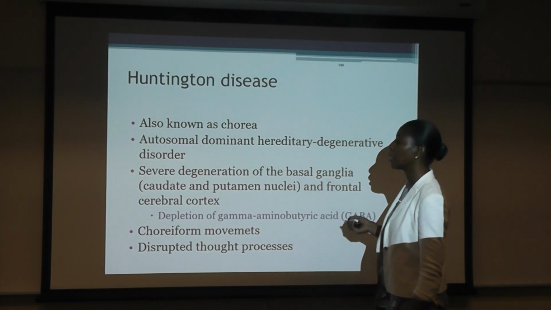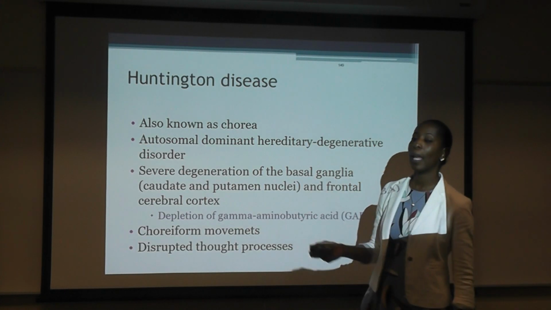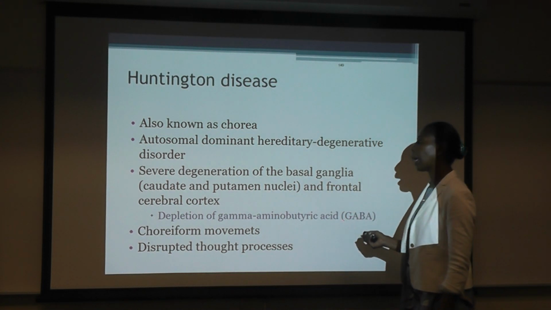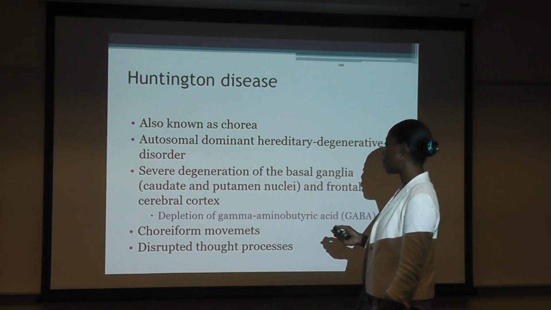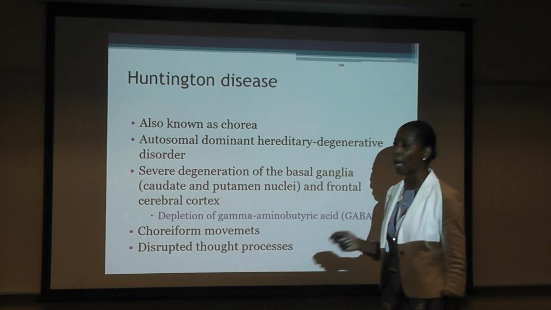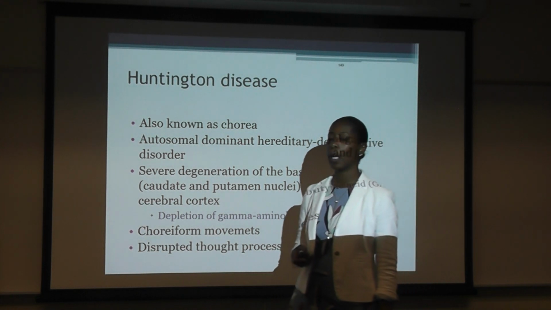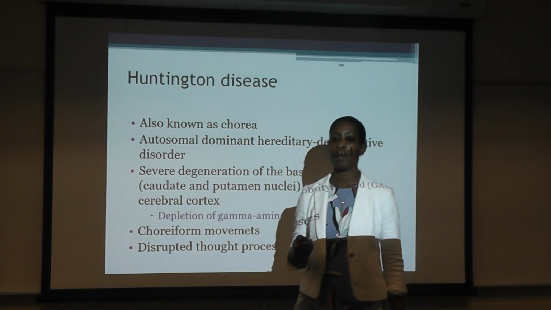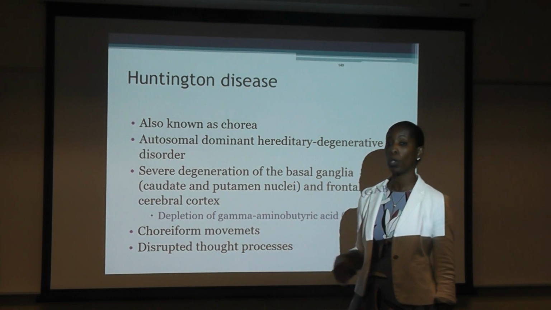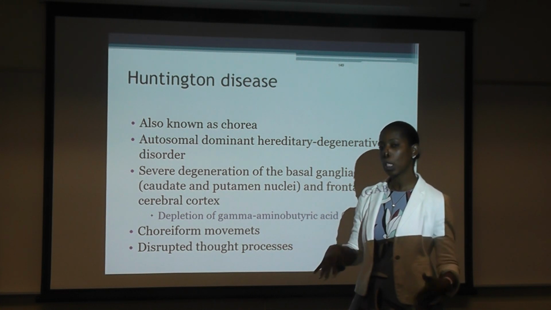Huntington's disease is also implicated in the basal ganglia. There's severe degeneration of the basal ganglia, the caudate nucleus and putamen usually, and this is depletion of GABA. GABA is an inhibitory neurotransmitter, so it slows things down.